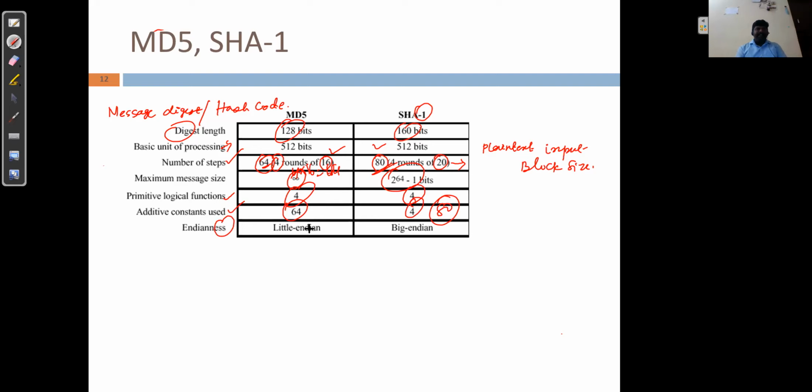Again, big endian and little endian: how the values are going to be stored in the register values, right? So these are certain basic differences between the MD5 algorithm as well as the SHA1 algorithm. Any queries regarding the differences or quick comparison between the MD5 algorithm as well as the SHA algorithm?